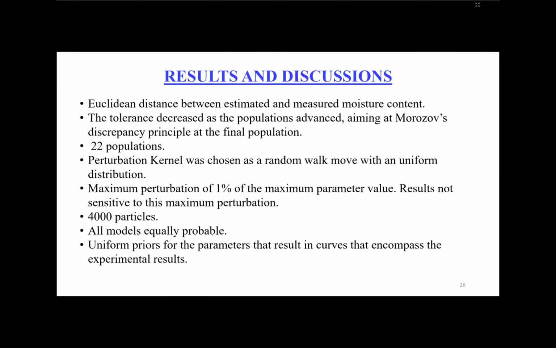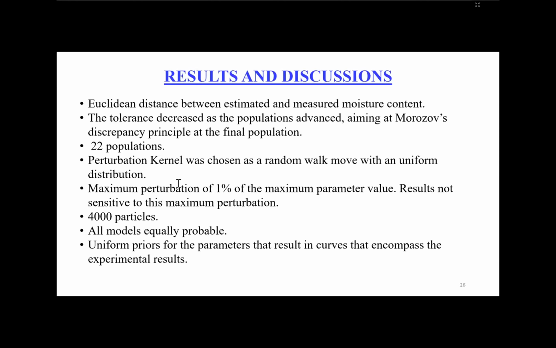This variation of the tolerance as the populations evolved was selected by numerical experiments. This was also the case for the number of populations, which was selected as 22, and the number of particles, which was selected as 4,000.